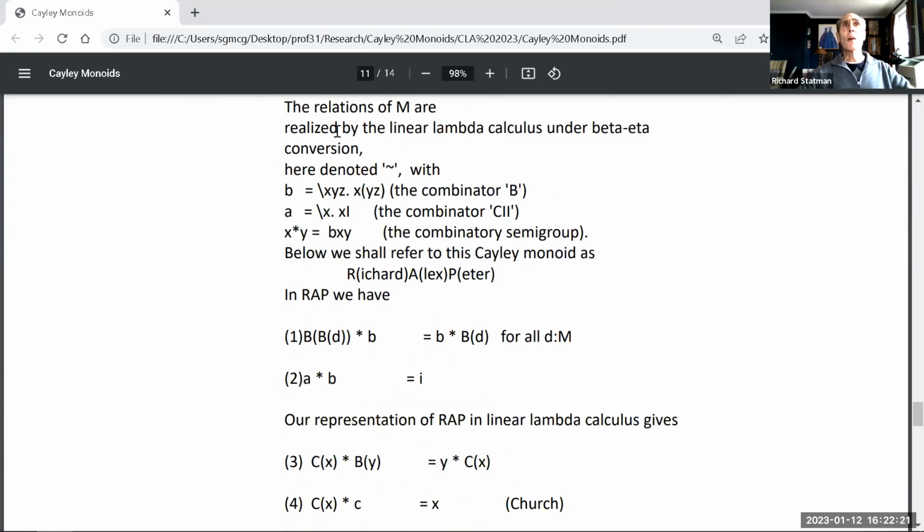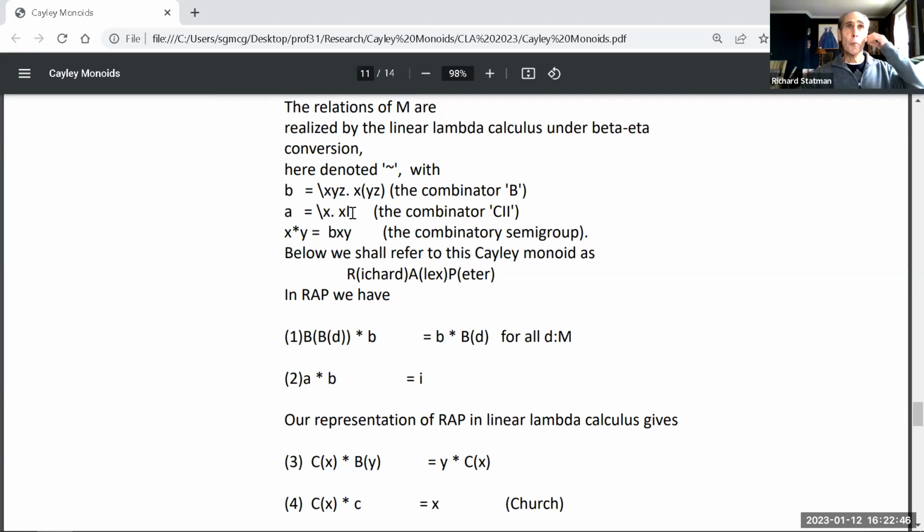Now, the relations of M can be realized in linear lambda calculus under beta-eta conversion. So this is what we want to say. This is the relationship to linear lambda calculus in particular. So B is B, and A here is the combinator C star star, the combinator C applied to I, which looks like this.